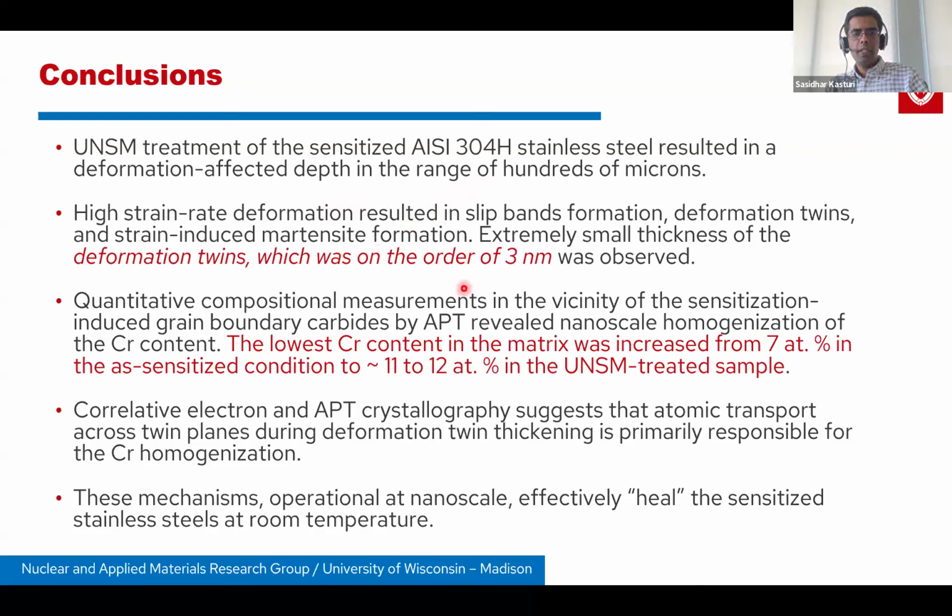High strain rate deformation gives rise to deformation twins and subsequent martensite transformation. This interacts with the chromium distribution in the microstructure to homogenize the chrome depletion and bring the chromium content above the threshold required for passivity. And that is what is leading to effectively heal the sensitized microstructure.